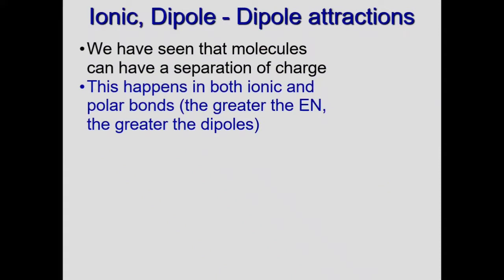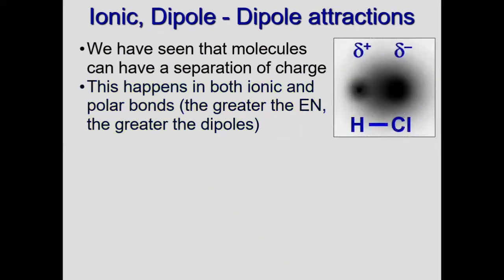The greater the electronegativity, the greater the dipoles. So in both ionic and polar bonds, the greater the electronegativity, EN is electronegativity, the greater the dipoles.